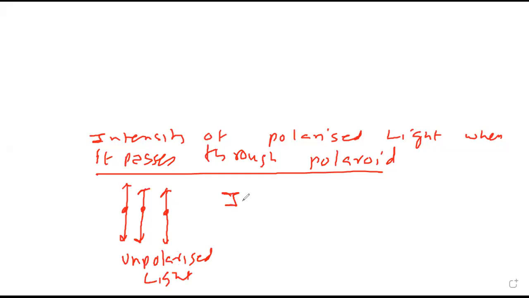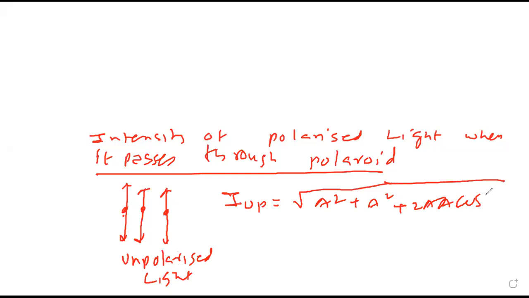So what is the intensity of unpolarized light? Can I say it is root of a square plus a square? Because this a and this a are perpendicular to each other, the resultant will be a square plus 2a·a·cos theta, where theta is 90.